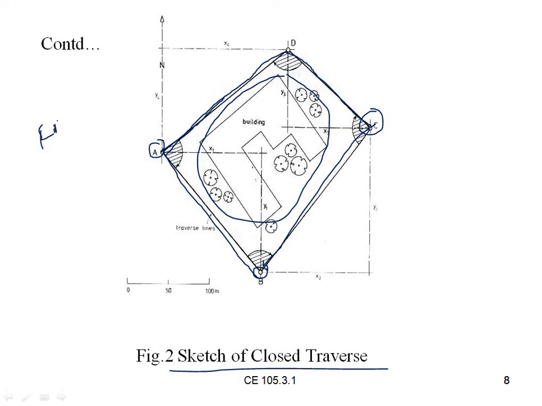We will say it as fore bearing. And if you turn to the back side of the instrument, we will call it back bearing. This will be coming in upcoming topics, where we will see more regarding the bearings. So this is the process where we do the closed traverse.